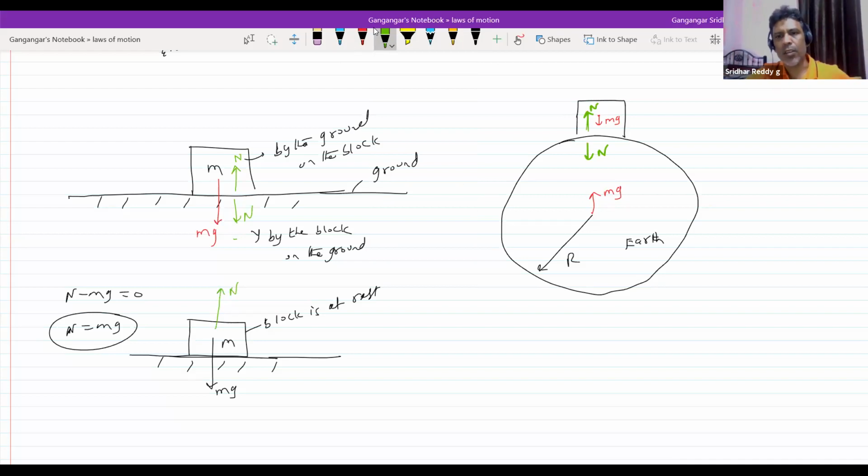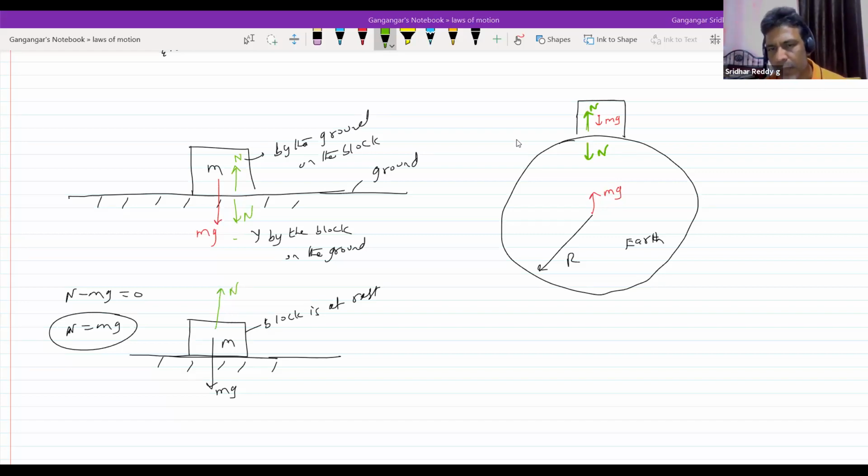Is it okay now? Which are action reaction pair here? N and mg are action reaction pair? No. N and mg are not action reaction pair. That N is equal to mg has come due to equilibrium of the block. Okay, fine. So I think we have to be very careful, no?